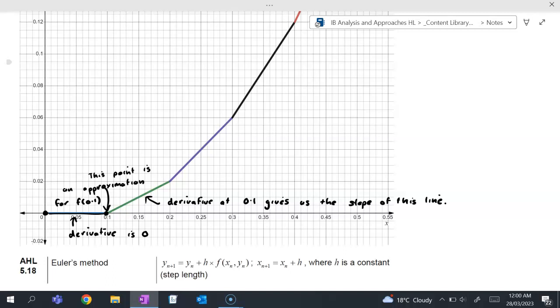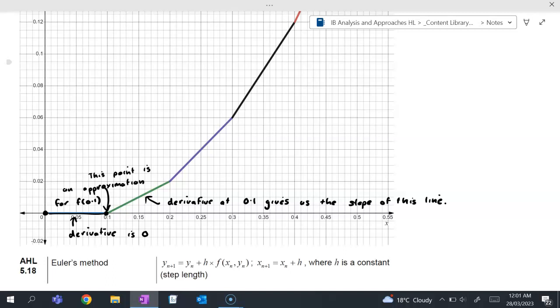Now again, it's only an approximation because it's a linear approximation, whereas the curve is probably increasing in a non-linear way. But again, it's all just based on approximations.